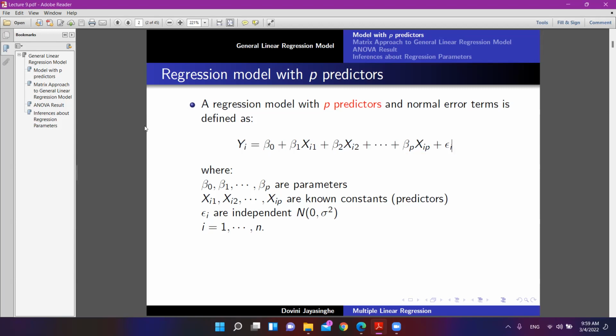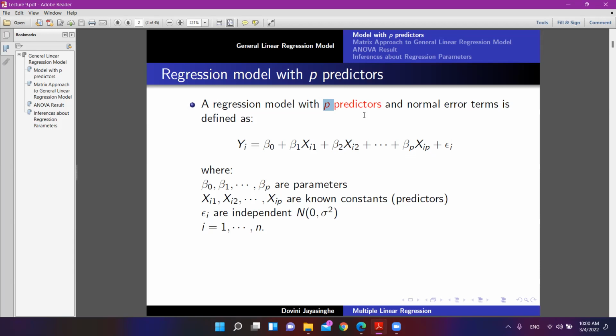If someone asks you to define the multiple linear regression model, you have to copy and paste this slide, right? You have to specify the number of predictors that you have. It doesn't matter if you use another notation for this, but you have to say we have P X variables, P predictors.